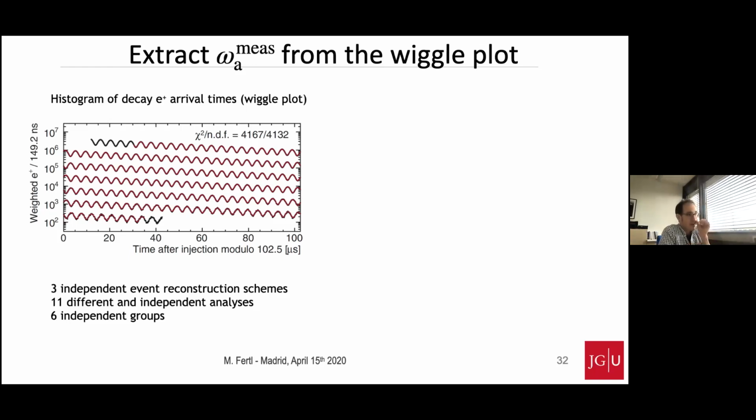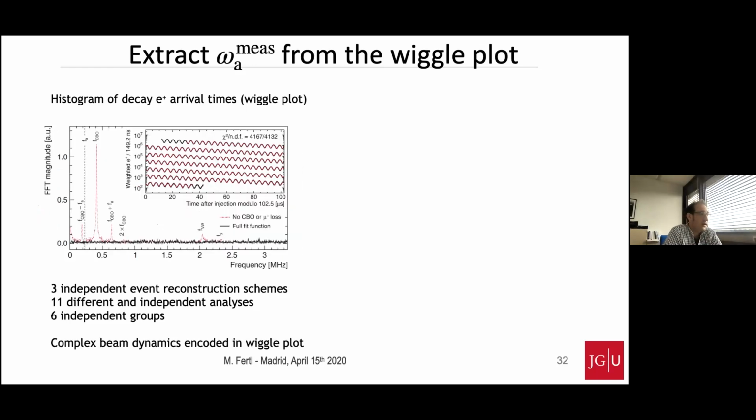And then there are 6 independent groups that perform 11 different and independent analyses to extract the omega_a frequency. What looks easy here with a naive 5-parameter fit actually turns out that this wiggle plot encodes a lot of the complex beam dynamics that's really ongoing. And you can see this in the residuals of the fit.